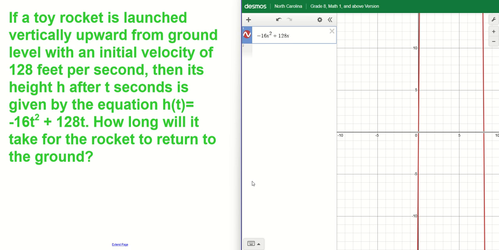Who thinks I got it? How long for the rocket to hit the ground? 8 seconds is correct.